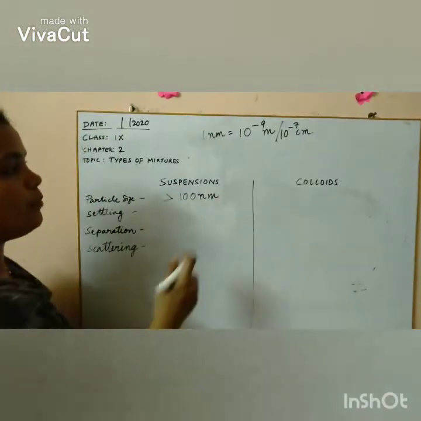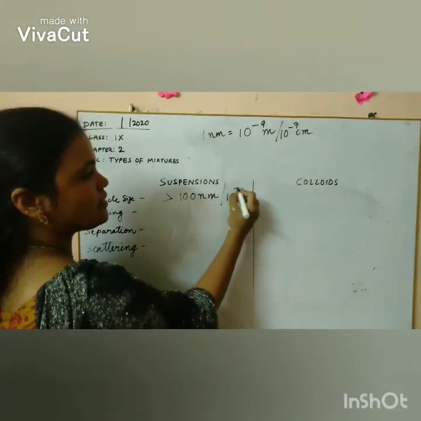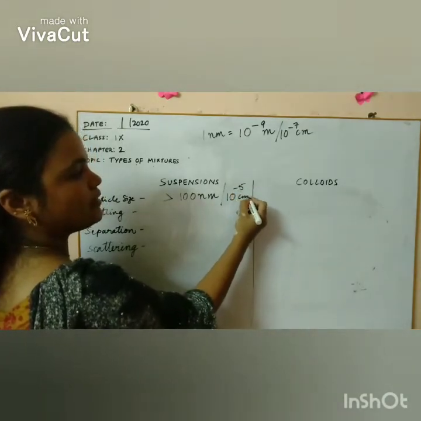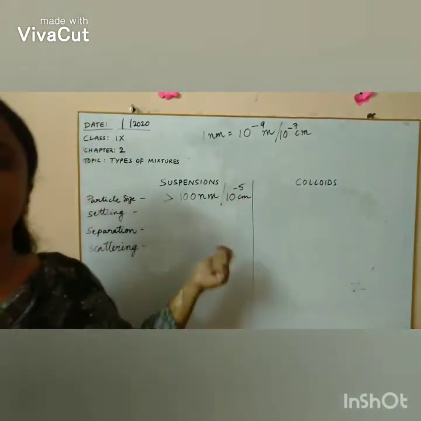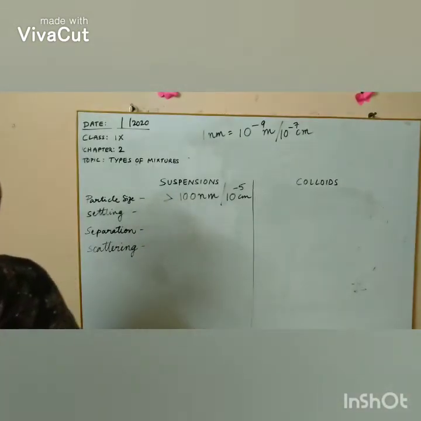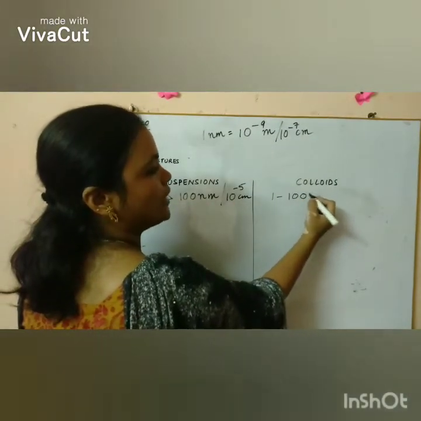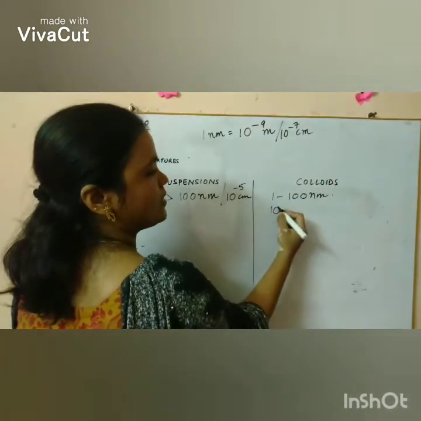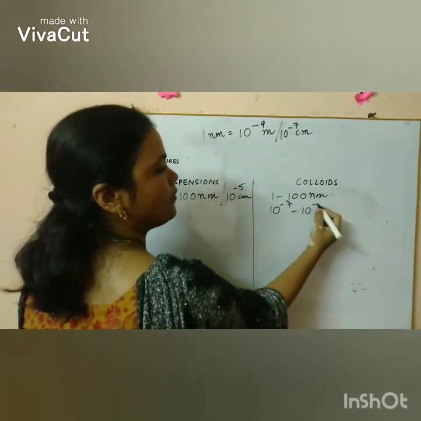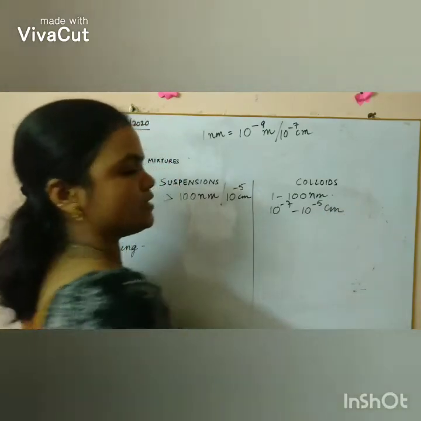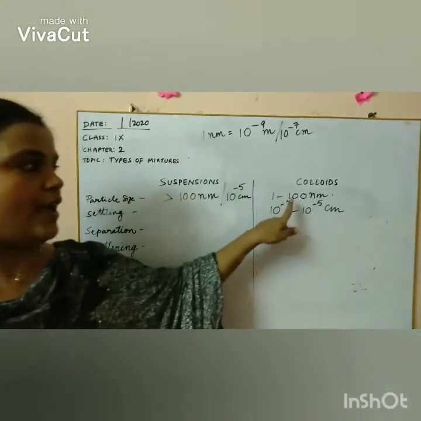Now, 100 nanometers means in centimeters, I can say that it is greater than 10 to the power of minus 5 centimeters. When coming to colloids, it can be somewhere between 1 to 100 nanometers. Or I can say from 10 to the power of minus 7 to 10 to the power of minus 5 centimeters. So, it is variable.